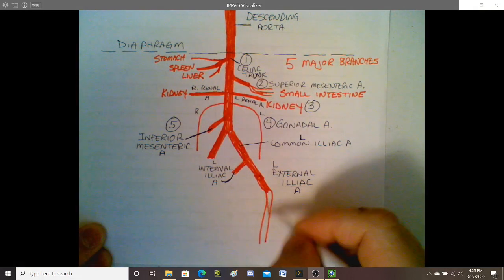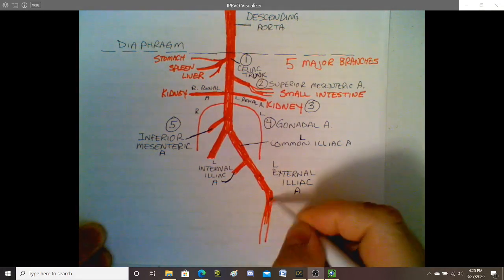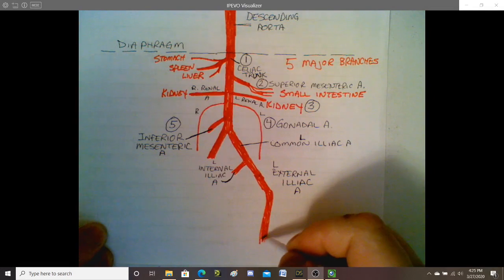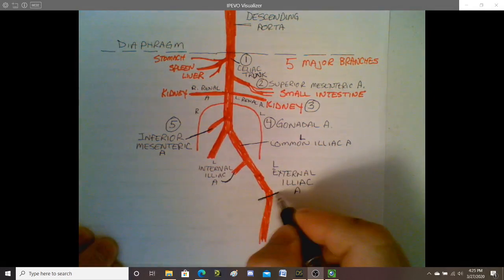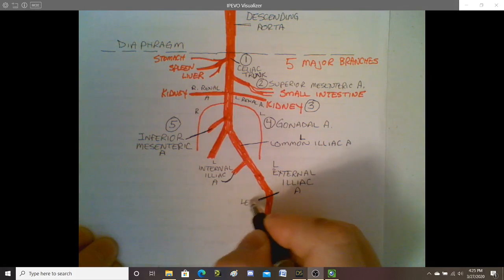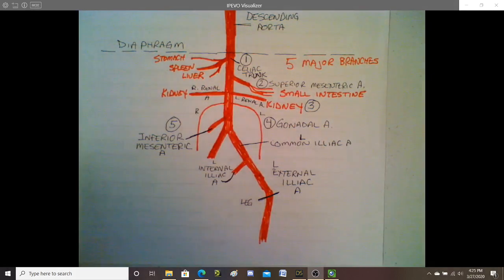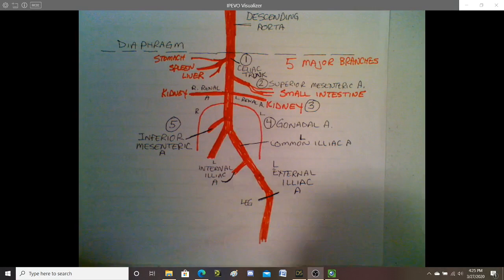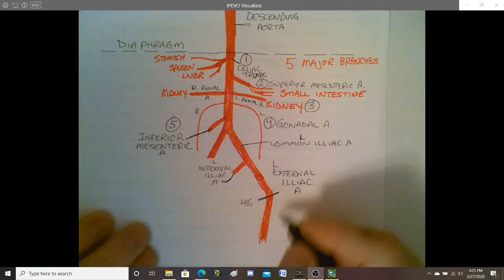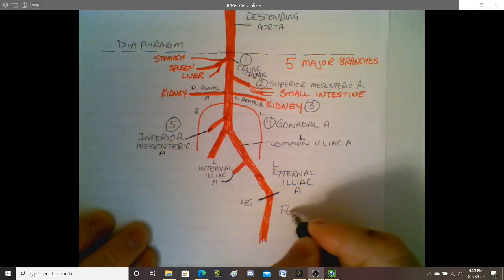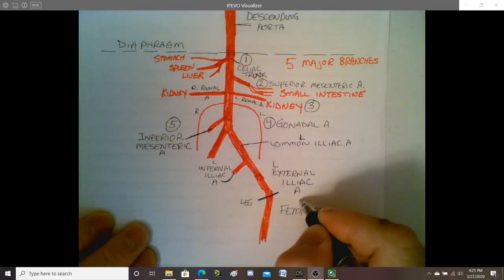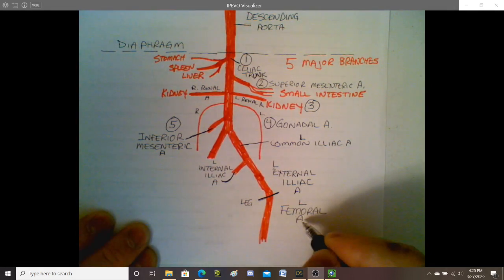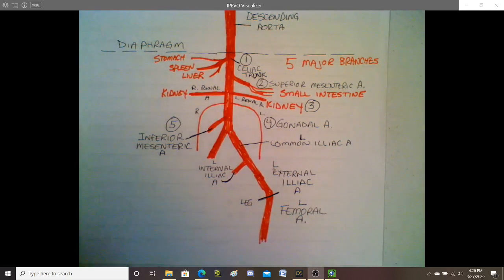The left external iliac artery is going to then go into your leg, where it changes names. So once it's past our leg, it's going to become the femoral artery. So this is the left femoral artery. It does branch.